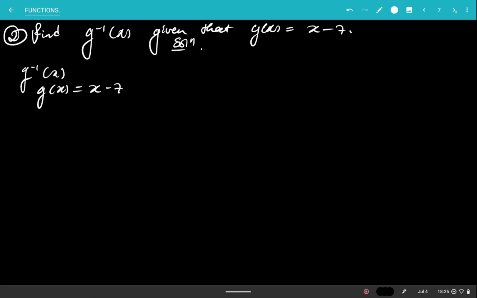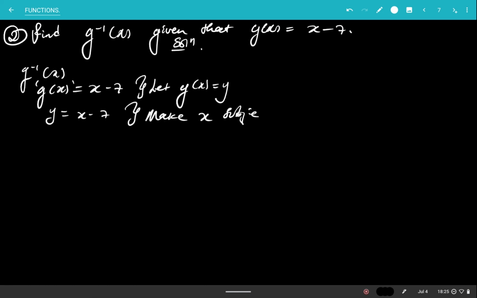So now, once you define that, all you're supposed to do is to let the function you have, in this case g of x, be equal to any letter of your choice. In this case, I put y. But be mindful that that letter should not be x. After that, this entire thing becomes y being equal to x minus 7. After that, you have to make x the subject of the formula. So I can flip this and I have x minus 7 being equal to y.